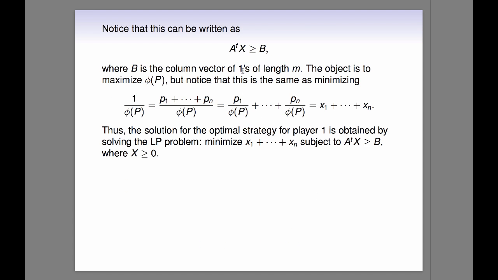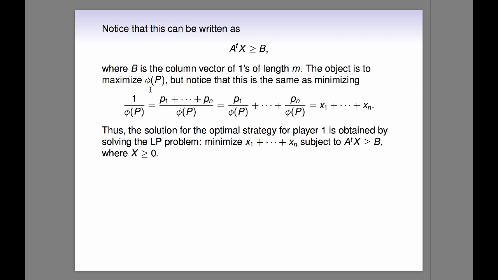So here is our linear set of inequalities written in matrix form, and our problem is to maximize phi of p. But you notice that 1 on phi of p is p1 up to pn divided by phi p, and so this is p1 on phi p all the way up to pn on phi p, and so this is x1 up to xn.